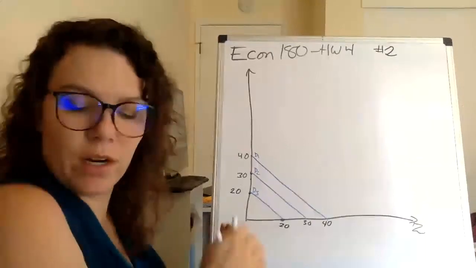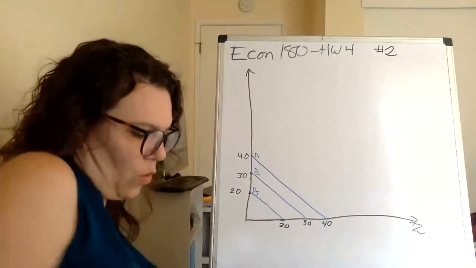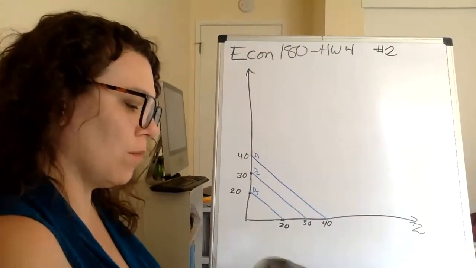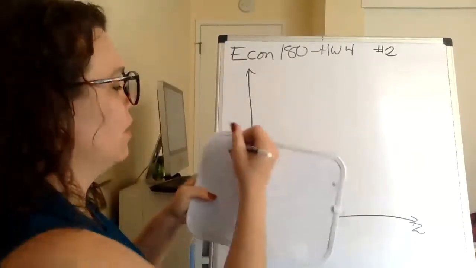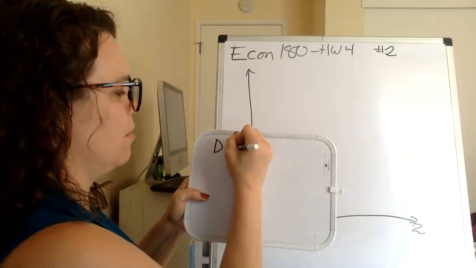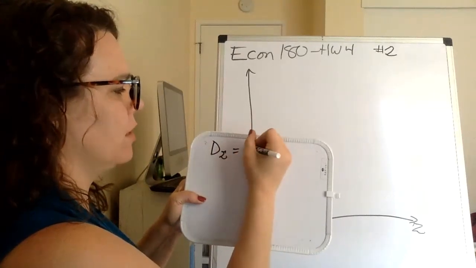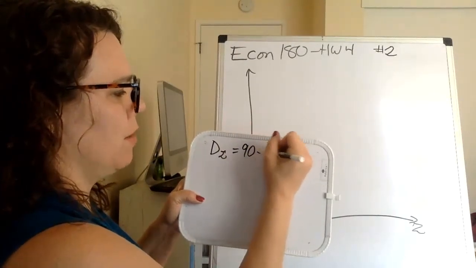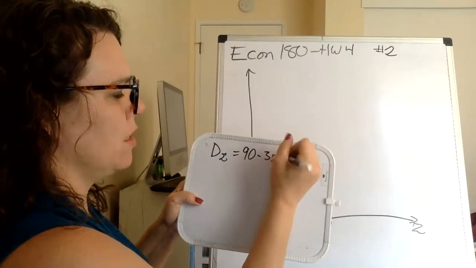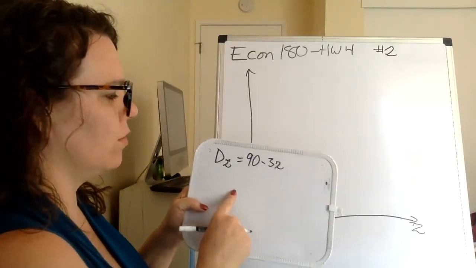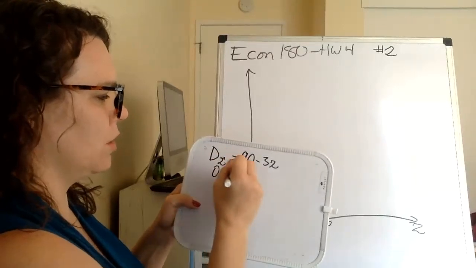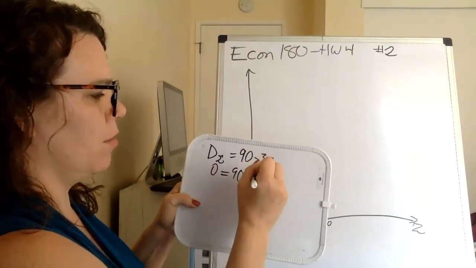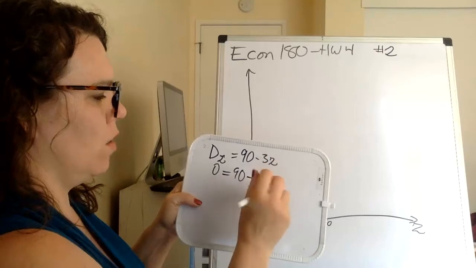And then the next thing I want to do is solve for the endpoints for my summation curve, my marginal social benefit curve. That's going to be d summation, or marginal social benefit, equal to 90 minus 3z. If I want to solve for when d is equal to 0, that's 90 minus 3z equals 0.